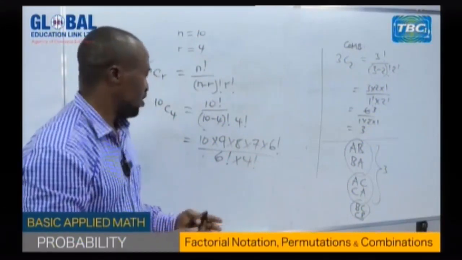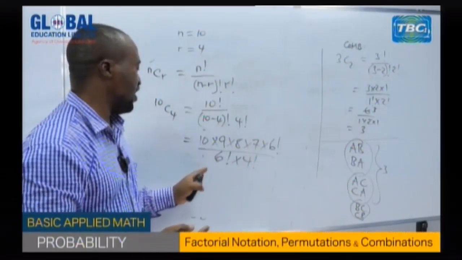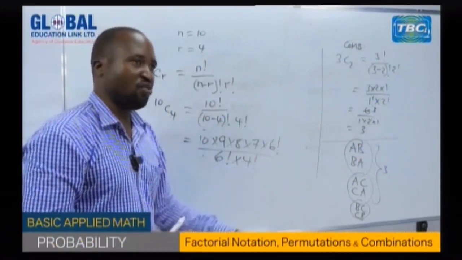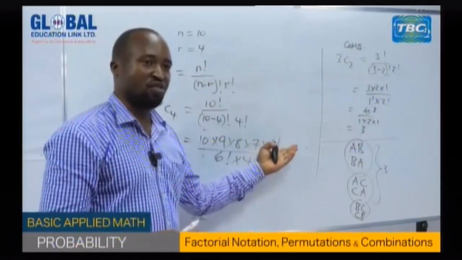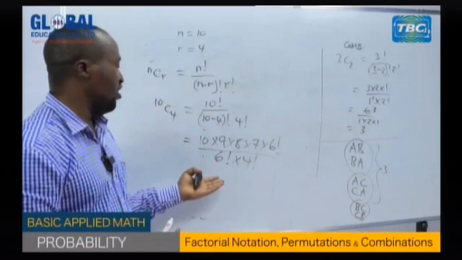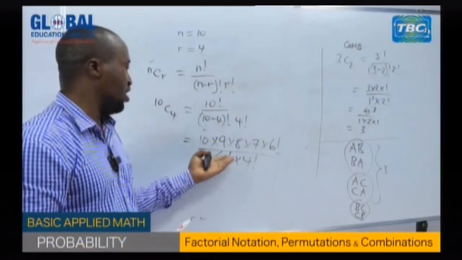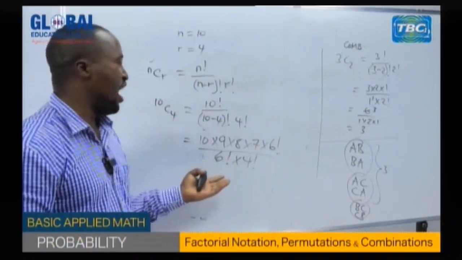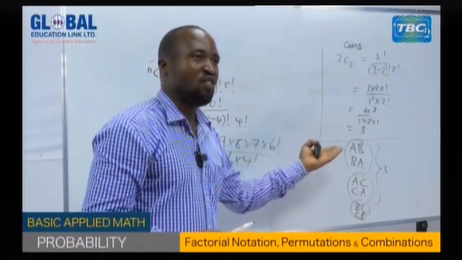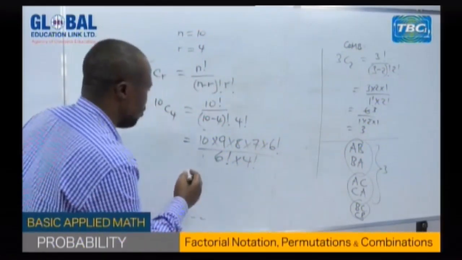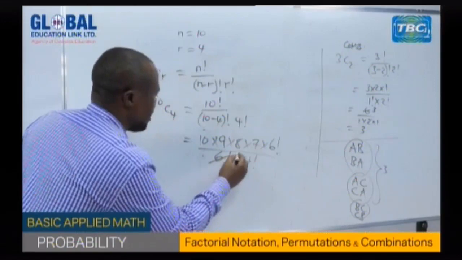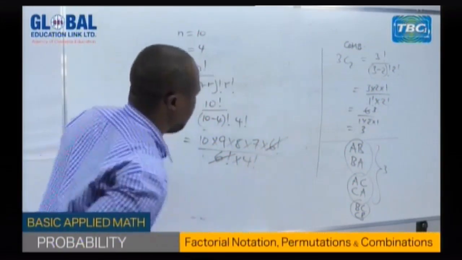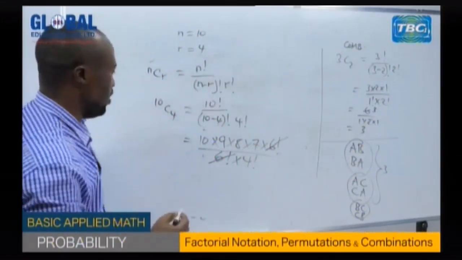In this case, you can simplify 6 factorial and 6 factorial. That is why I end up at 6 factorial. Otherwise, if on the denominator side there were no 6 factorial, I could proceed until 1. So you can simplify this way. 6 factorial and 6 factorial can disappear that way.